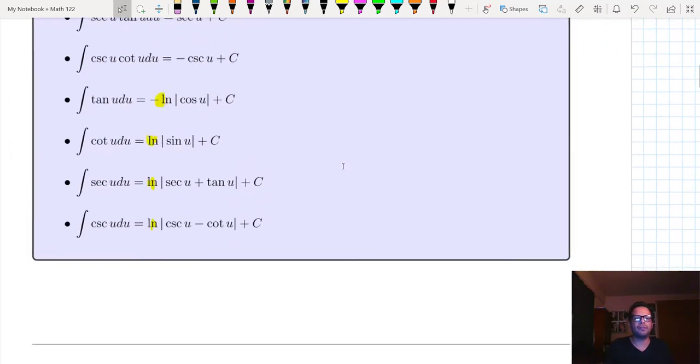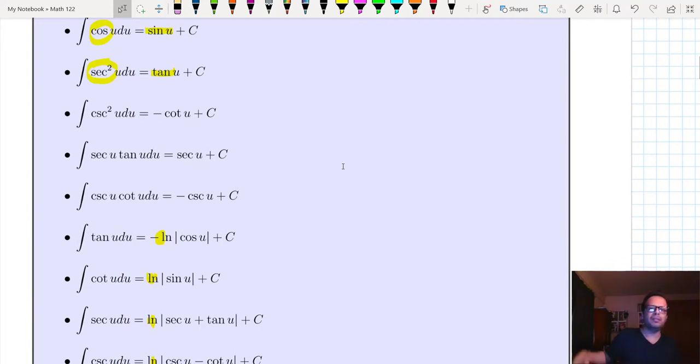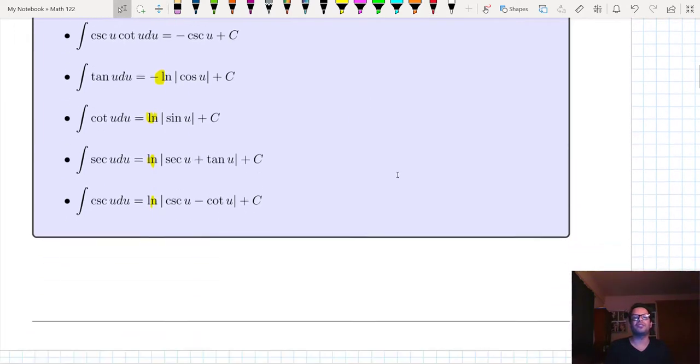Let's go up to the previous page and notice this is one of the integration formulas, right? Secant tangent, its integral is secant. In other words, if you take the derivative of secant, you get secant tangent, just the same way we did on the previous section.